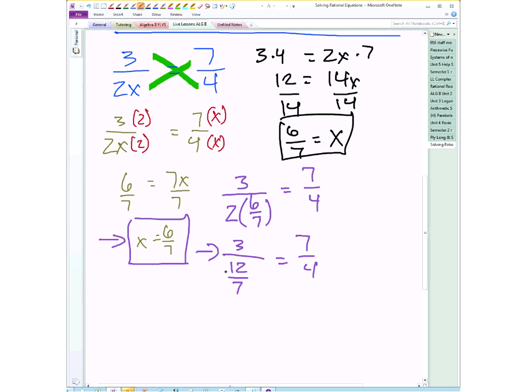Well, remember, when we've got a complex fraction, this is 3 divided by 12/7, which is the same thing as 3 times 7/12, which equals 21/12, right? 21 and 12 are both divisible by 3, so we could reduce this. 21 divided by 3 is 7. 12 divided by 3 is 4, and then look what you end up with here. So we can always check our answer there, to make sure that we did all of our calculations correctly.